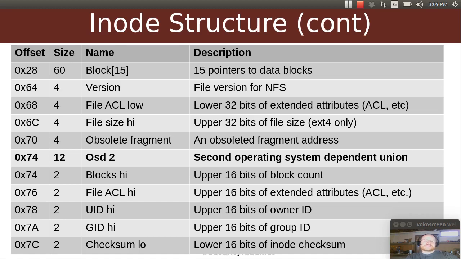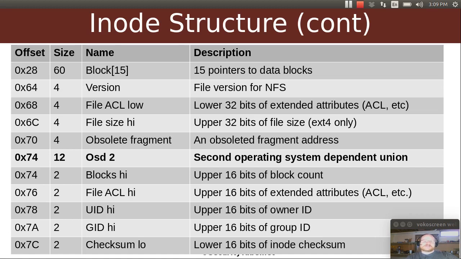Then we have the version. We also have the access control list if it's being used, the extended attributes, which are typically ACLs, but as we'll see, they can be other things. The file size, the upper 32 bits of the size, if it's an ext4 file system only.